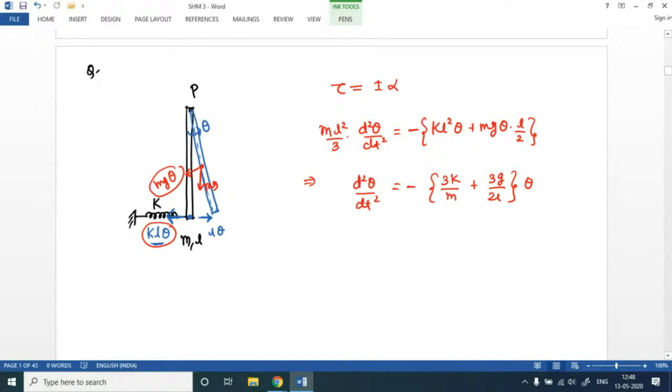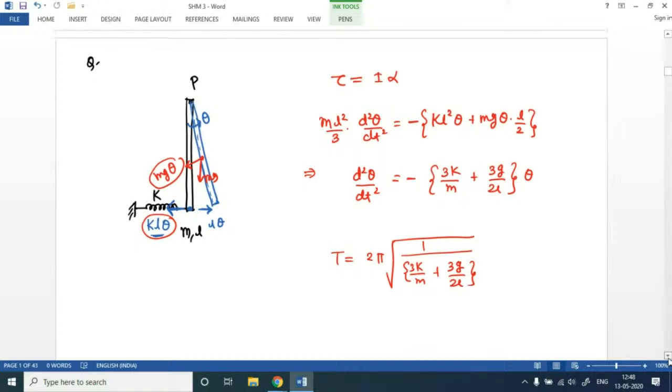So in that case, the time period here would be nothing but 2 pi root under 1 by this coefficient over here, so that would be nothing but 3k upon m plus 3g by 2l, right? So this is the time period.